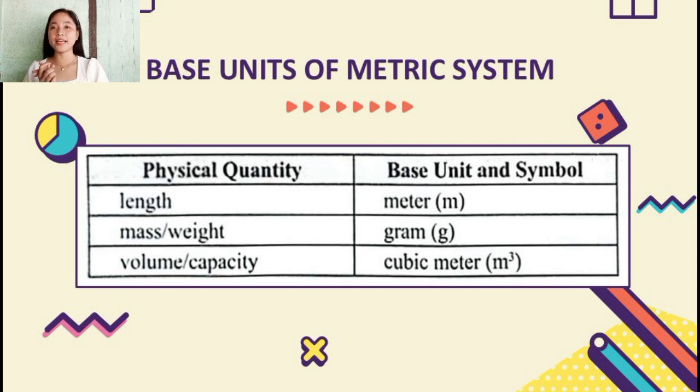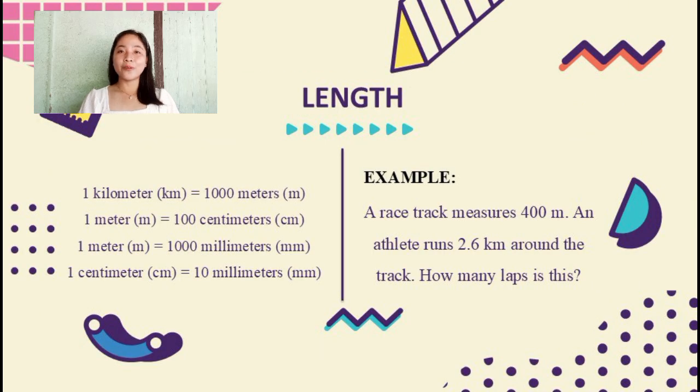We can also see the different units of measure that correspond to our physical quantities. Metric units used for length are kilometers, meters, centimeters, and millimeters. And we all know that length is used to describe distances, lengths, and heights.